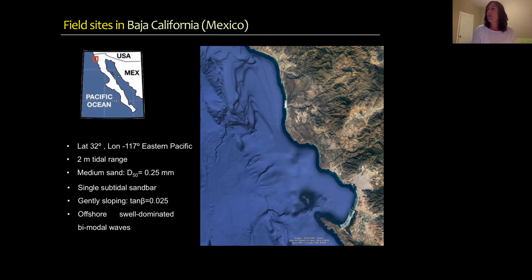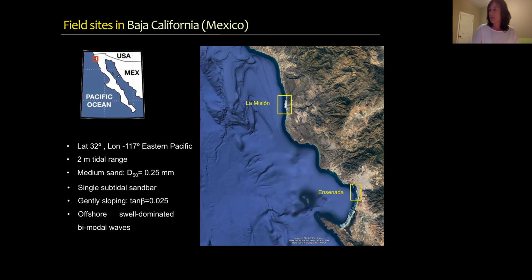So where are we? We are located in the Eastern Pacific, in Baja California, in Mexico. This is south from the state of California in the US. We are at a latitude of 32 degrees and longitude of minus 117, roughly. The sites have a tidal range of 2 meters.